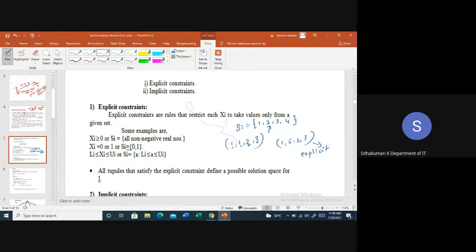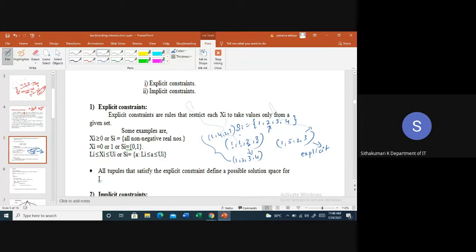This is not included in the solution space, but this tuple, 1, 4, 2, 3, will be included. All these tuples will form the solution space for the given problem I.